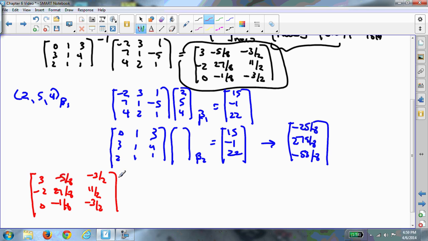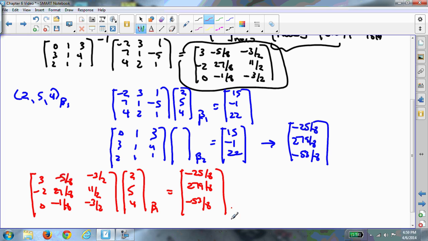And if I multiply this by 2, 5, and 4 relative to basis 1, I'm going to cross my fingers and hope that I get negative 25 over 8, 279 over 8, and negative 53 over 8 relative to basis 2. So that checks out. You can do it indirectly using two systems of equations, or you can do it directly using a change of basis matrix.